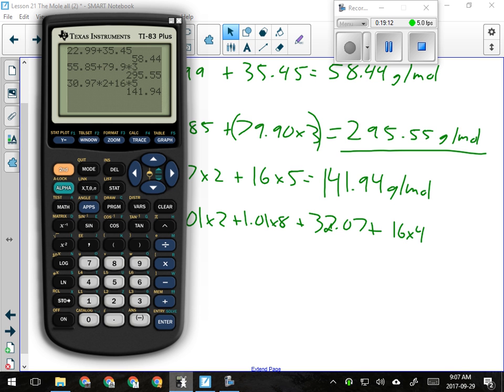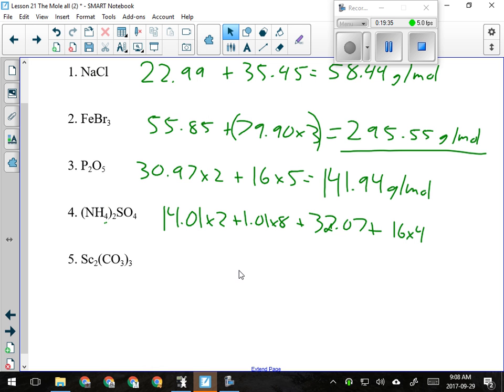So we'll have 28.02 plus 8.08 plus 32.07 plus 48. No, not 48, 64. So 132.17.